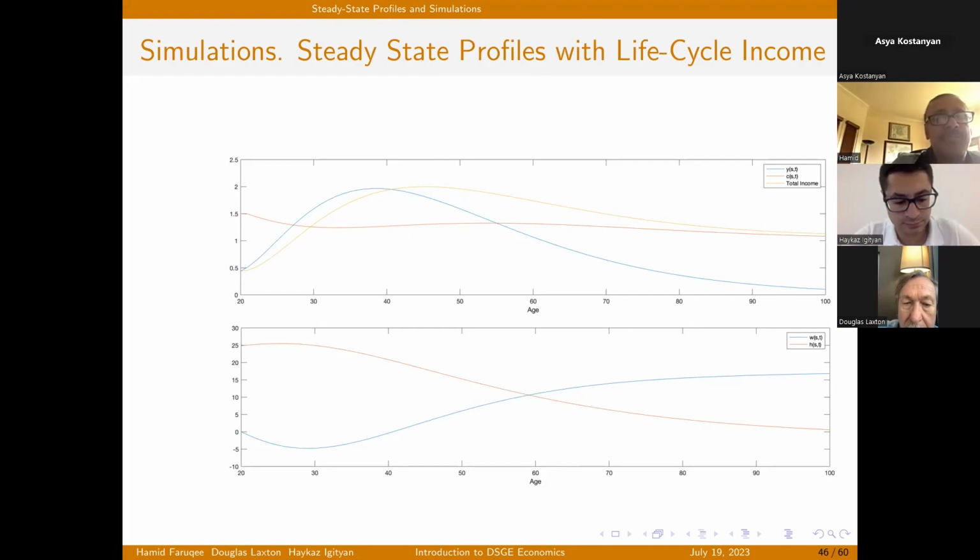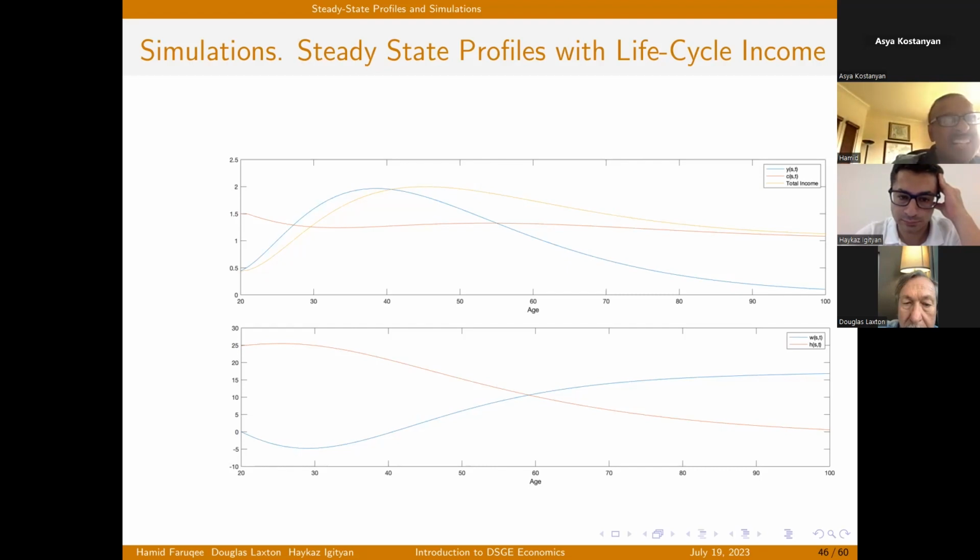You can see that consumption tends to be very smooth, and that depends a lot on the taste parameters, the rate of time preference, whether you have CRRA utility, and what the interest rate is in steady state. You can see this broadly flat, relatively smooth consumption line there.